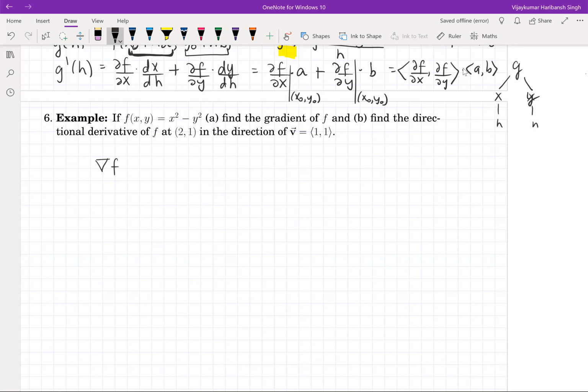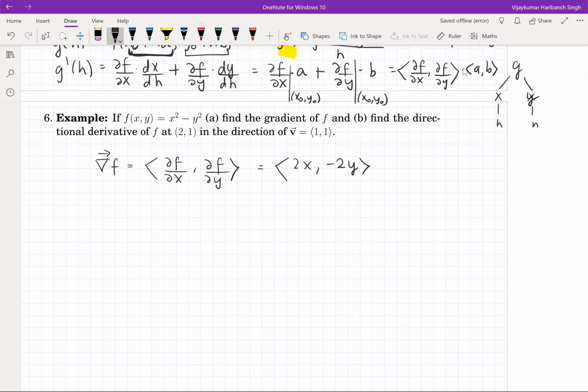So gradient of f is the partial derivative with respect to x as the first term, partial derivative with respect to y as the second term. So the partial derivative with respect to x is 2x, and the partial derivative with respect to y is minus 2y. So this is your gradient.